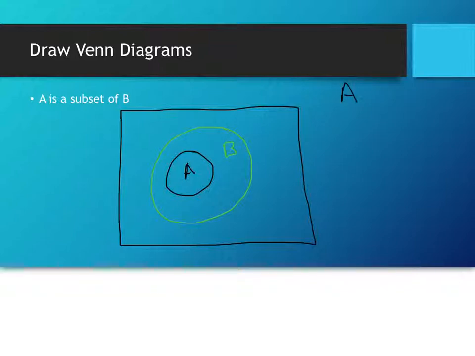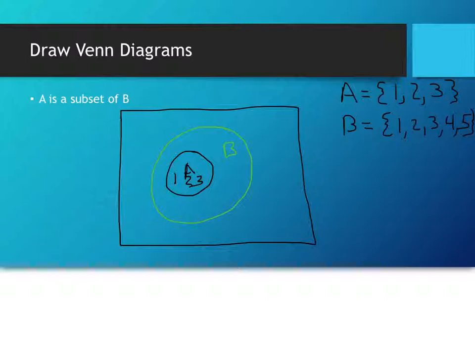If A is the set 1, 2, 3, and B is the set 1, 2, 3, 4, 5, we know that A is a subset of B. So the numbers 1, 2, and 3 are somewhere inside this circle.